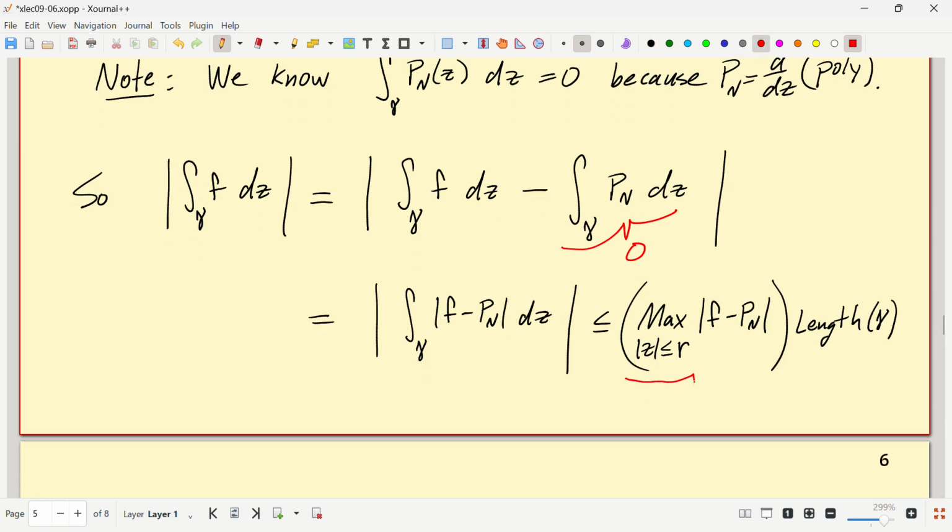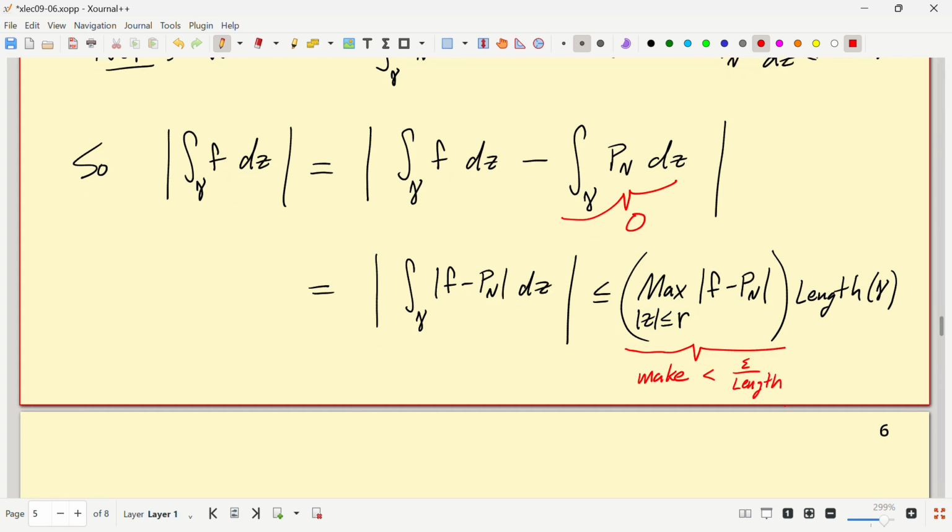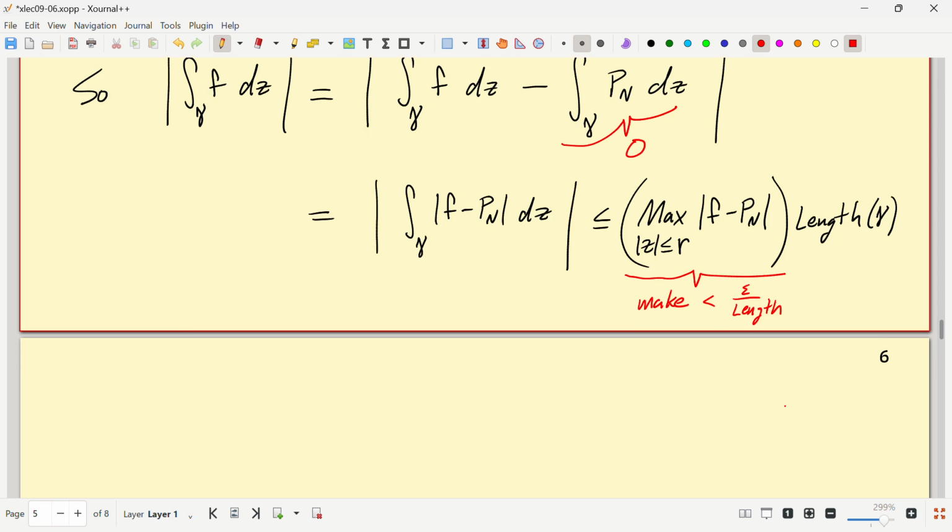So I could make this less than epsilon over the length for n bigger than or equal to n naught. By uniform continuity. I meant by uniform convergence. Okay.